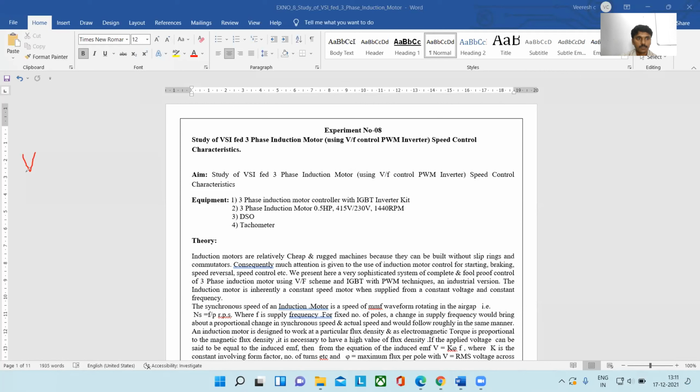We know the V by F is equal to constant method. By using this method, we are going to control the speed of the induction motor.